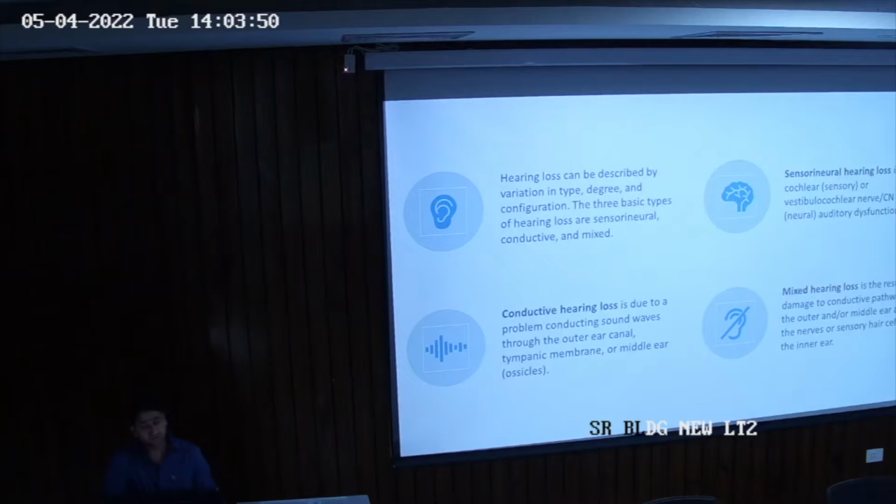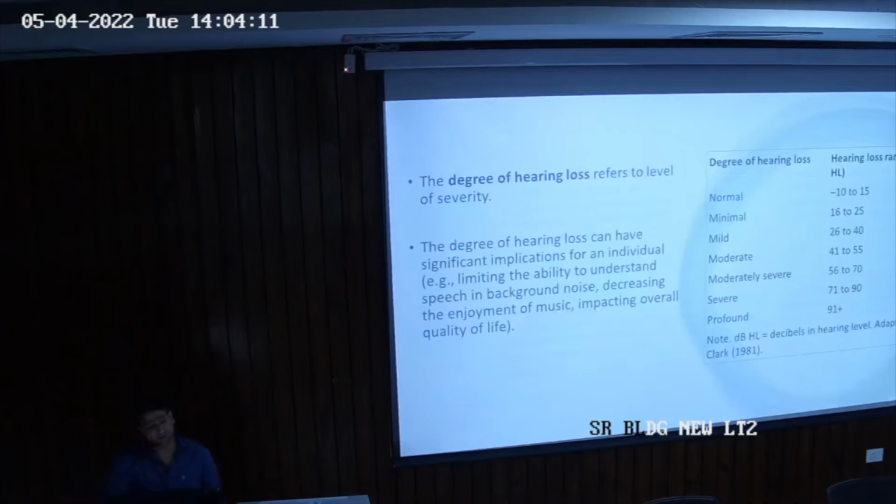Conductive is whenever there is a problem in conduction of sound waves through the outer ear canal, tympanic membrane or the middle ear. Whatever pathology is there can cause conductive hearing loss. Third is mixed. It is the result of damage to the conductive pathway and to the nerves or the hair cells of the inner ear.